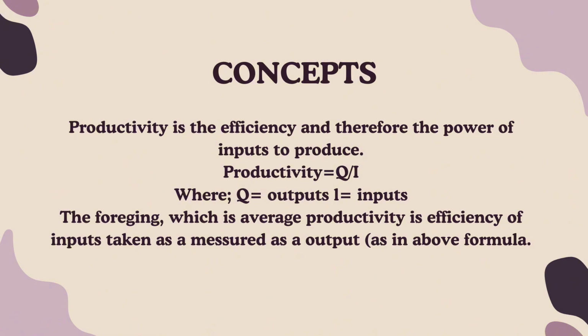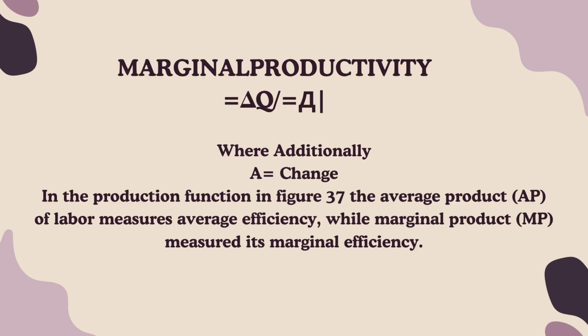Concepts. Productivity is the efficiency, and therefore the power, of inputs to produce. Productivity is Q over I, where Q equals output and I equals input. The following, which is average productivity, is the efficiency of inputs measured as output in the above formula.